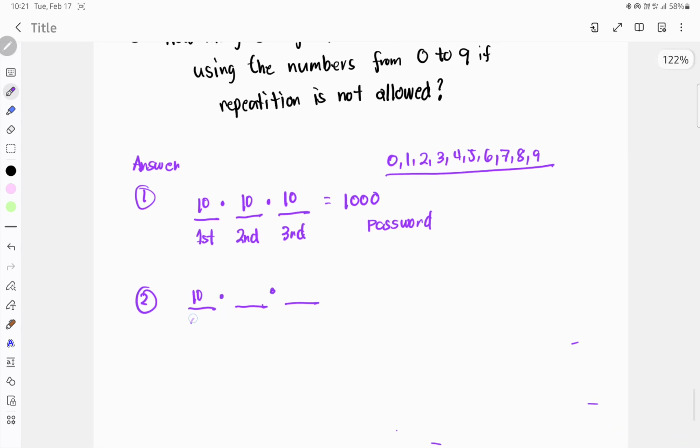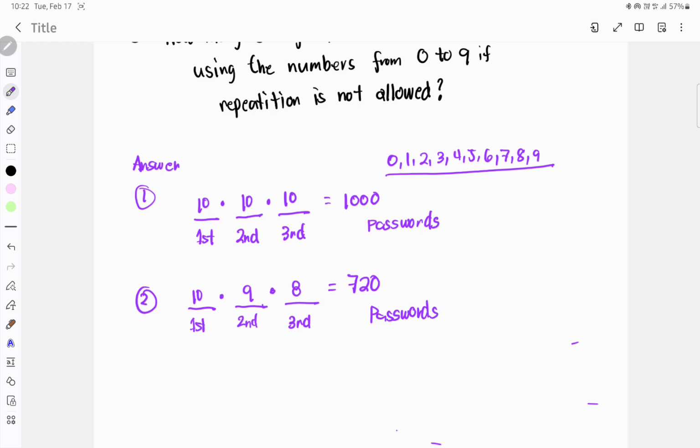However, on the second digit you need to deduct 1, because whatever you select should be deducted from the selection since repetition is not allowed. On the third one, you deduct another 1 from the second. So this limits your answer to 10 times 9 times 8. 9 times 8 is 72, times 10 is 720 passwords.